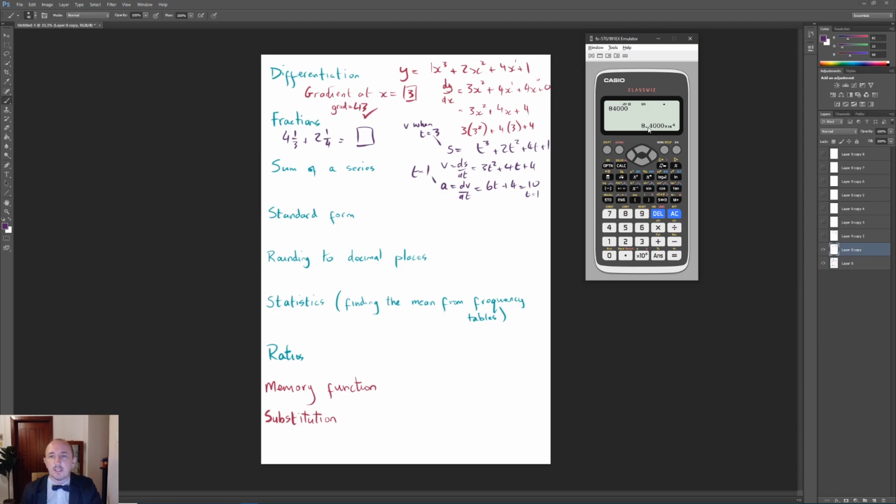So this has turned that into 8.4 times 10 to the power of 4 for us. If we had 1 million, we press equals, it's done 1 times 10 to the power of 6 for us. So sometimes we have these weird numbers that it asks us to turn into standard form, and we're using the scientific mode, the Sci mode, to turn it into standard form for us.